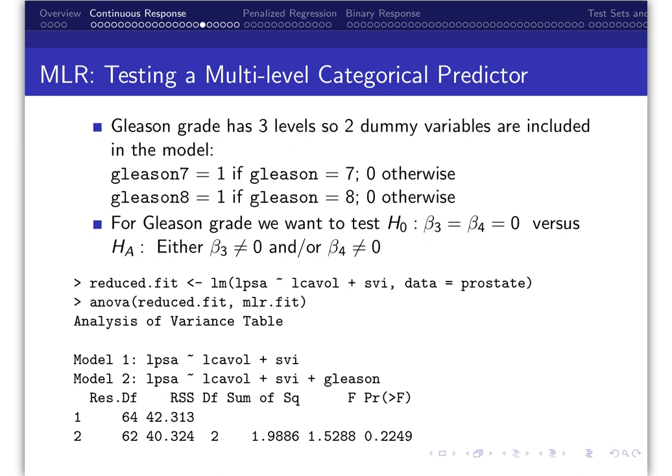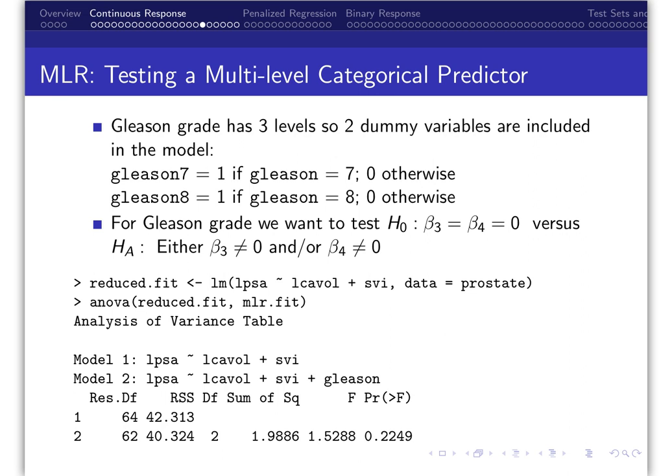For such a variable, rather than looking at the p-values which are compared to the referent group, in this case Gleason grade of 6, we usually perform a partial F test to test whether the group of predictors representing Gleason grade is collectively associated with a continuous response.